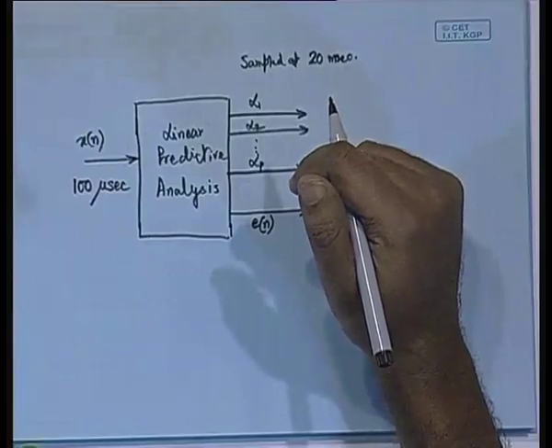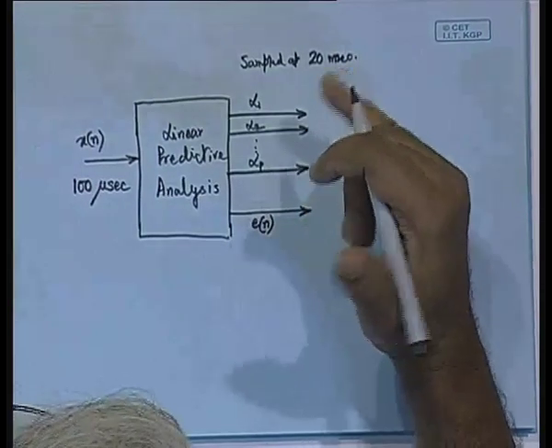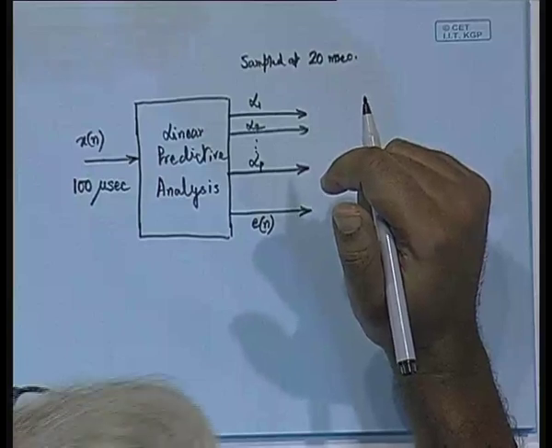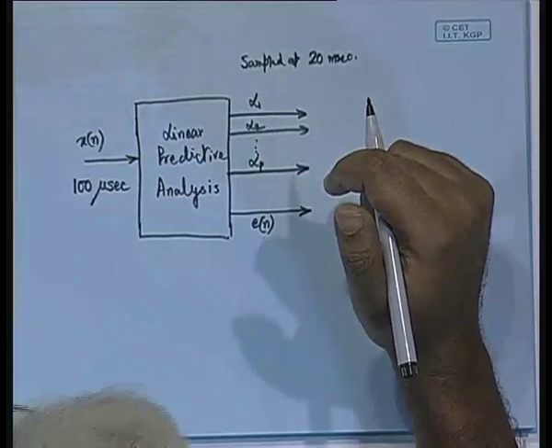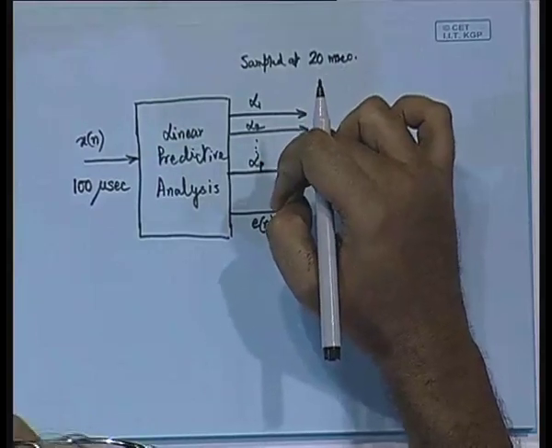Now if alpha 1 to alpha p are maintained constant or relatively stable over a time period of 20 milliseconds, then E of n, the error, is what we have to sample.